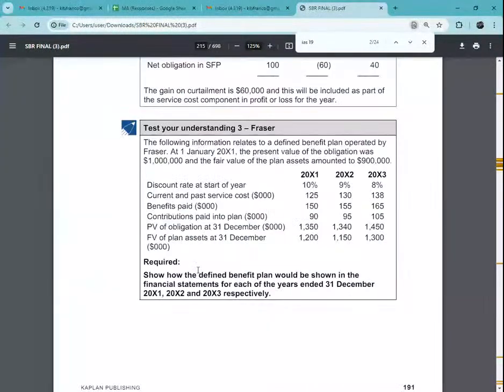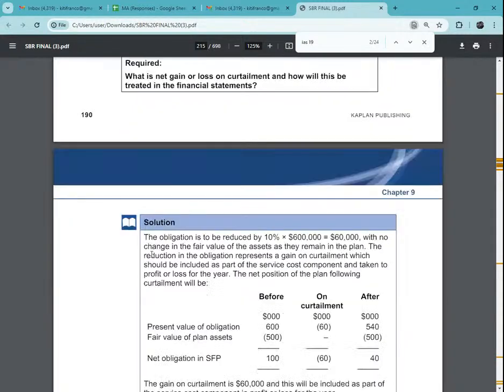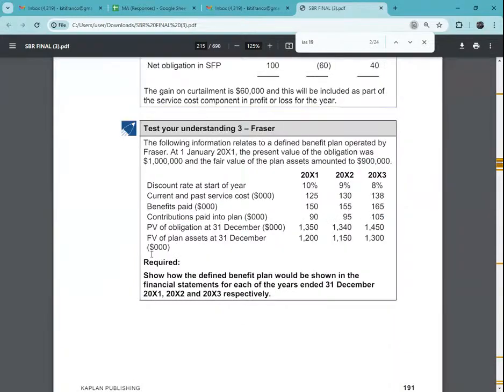Let's test your understanding 3. Yes, this one here, test your understanding 3, Fraser. So you have to write the page number because of your revision here. It's page number 191.